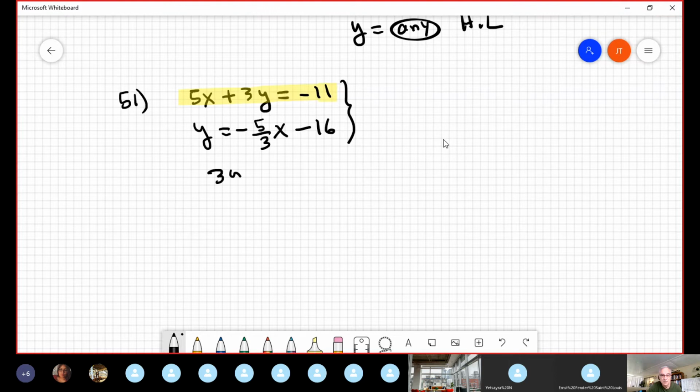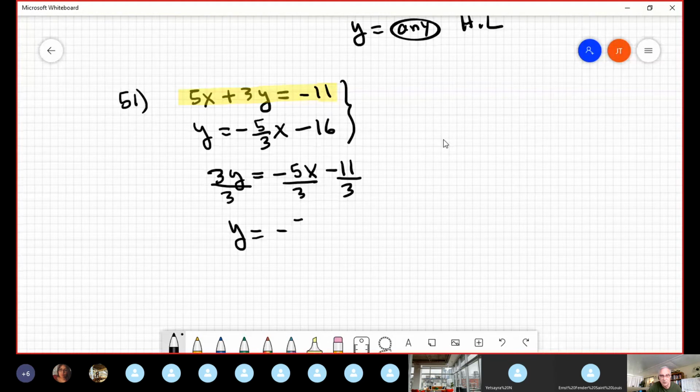So 3y equals -5x minus 11, divided by 3, by 3, by 3, y alone is -5/3 x minus 11/3. However, I focus on this number.